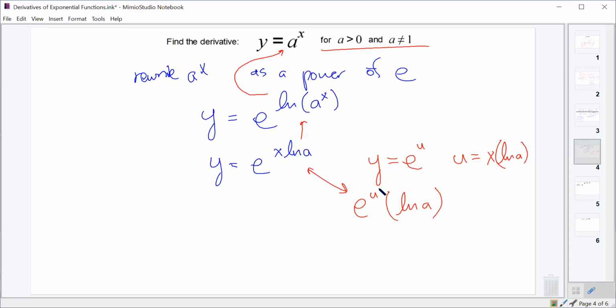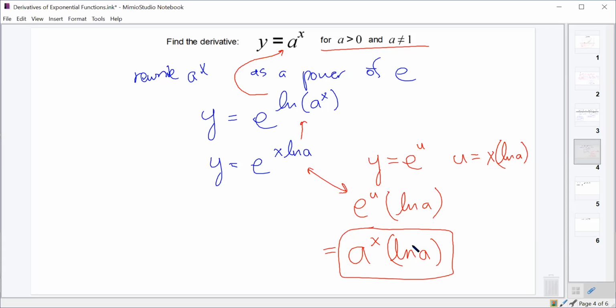So I can replace e to the u with a to the x. Everybody see that and is okay with that? Yes. Okay. So our derivative of a to the x is just a to the x times the natural log of a.